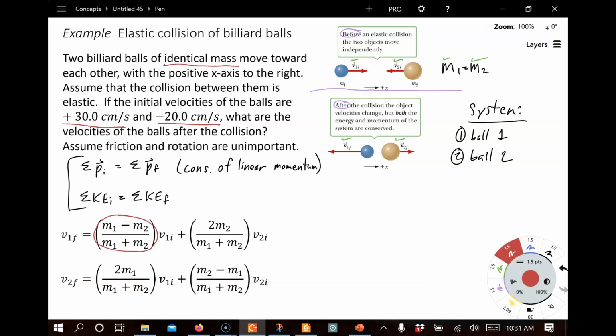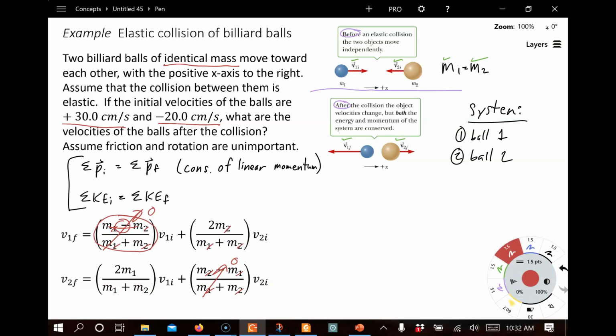If the masses are the same, then we can cross out all the 1 and 2's, and m minus m, whatever the mass is, right? These two are going to cancel out to give you 0 here. So that whole term is gone. And by the same logic, in these terms here, m minus m, whatever it is, the numerator is 0, so that whole term is 0, right?